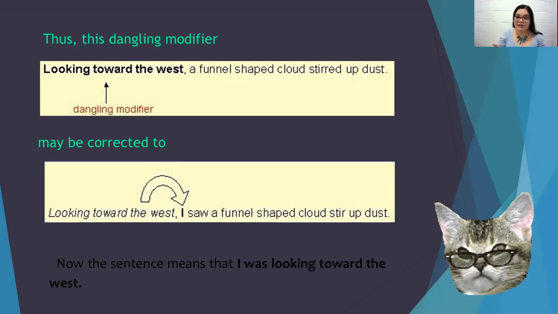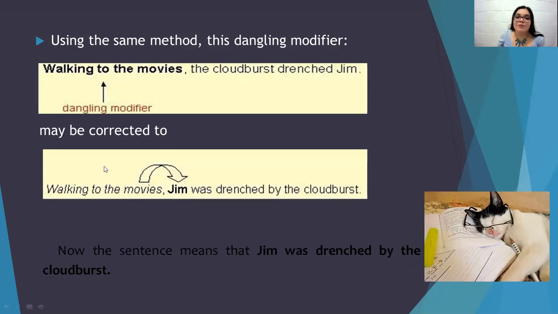Now the sentence means that I was looking toward the west when that happened. Using the same method, the dangling modifier "Walking to the movies, the cloudburst drenched Jim" can be corrected into "Walking to the movies, Jim was drenched by the cloudburst." And here you see, from active, it changed to passive. But here we have the word Jim directly connected to the participle phrase that is modifying it.